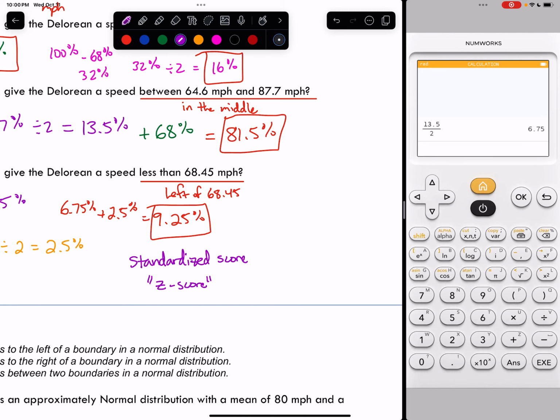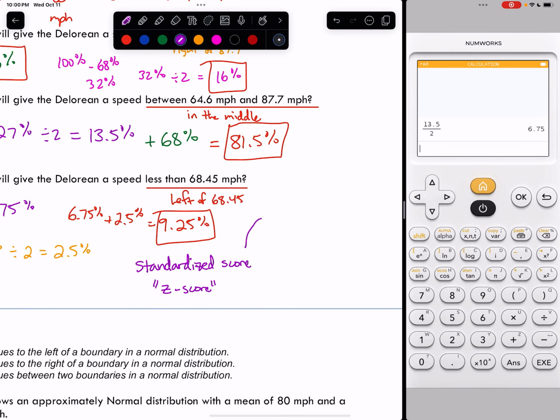The whole purpose of this is it takes our graph and scales it down to where the mean is at 0. That way all of my standard deviations are just at -1, 1, 2, and 3 accordingly.